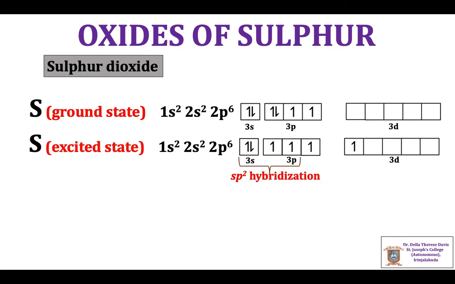In the excited state, one of the electrons in the 3p orbital gets excited to the vacant 3d orbital, and sulfur undergoes sp2 hybridization to form 3 hybridized orbitals.